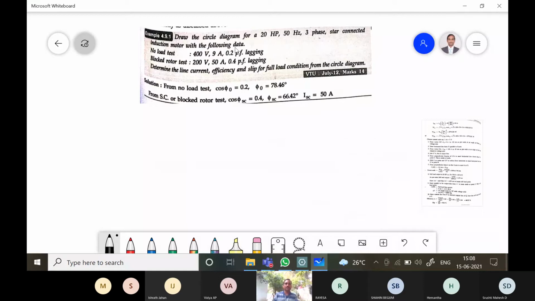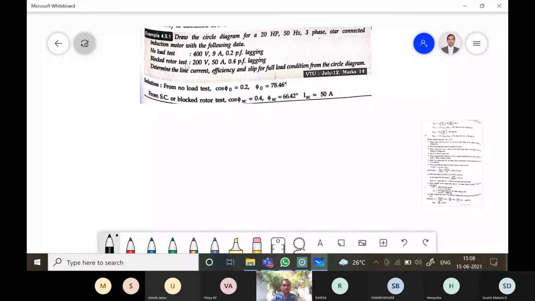Draw the circle diagram for a 20 HP, 50 Hertz, three-phase star connected induction motor with the following data. No load test data is given: 400 volt, 9 ampere, 0.2 power factor lagging.